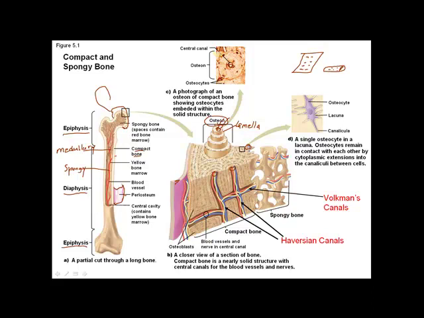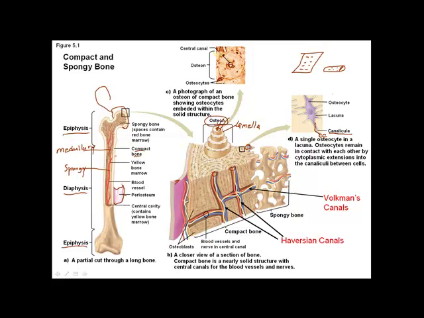So these osteoblasts receive their nutrition from this vein and artery here. The vein takes the waste away, and the artery brings the nutrients to these cells through a canal called a canalicula. This canal will go right into the central canal. Okay, so it gets fed directly from that.